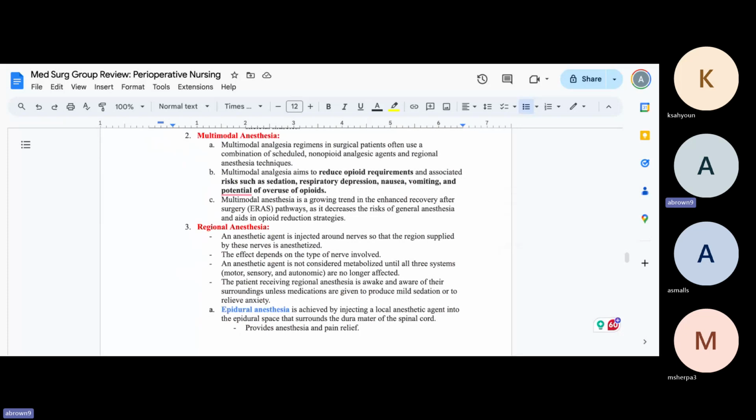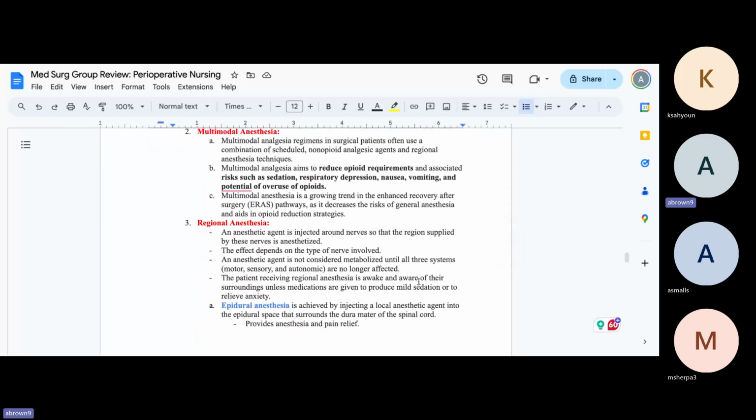So that's the whole idea behind multimodal anesthesia: they don't want to use opioids because of the signs and symptoms of respiratory depression and things like that that can go wrong. Multimodal anesthesia is a growing trend in enhanced recovery after surgery, as it decreases the risk of general anesthesia and aids in opioid reduction strategies. Okay.